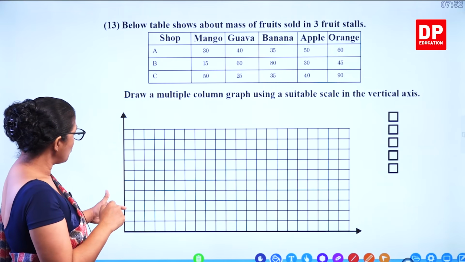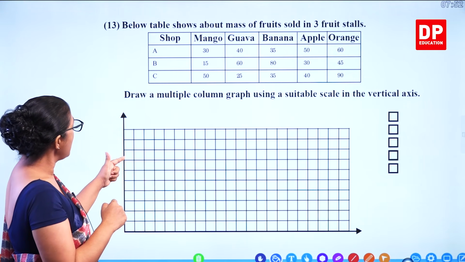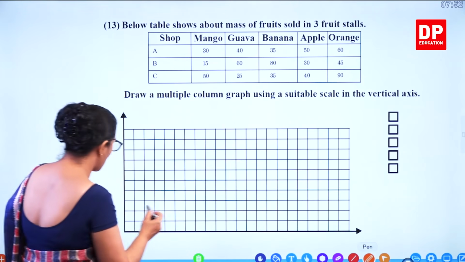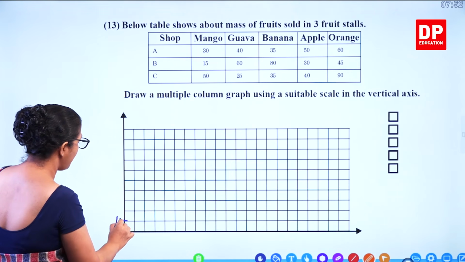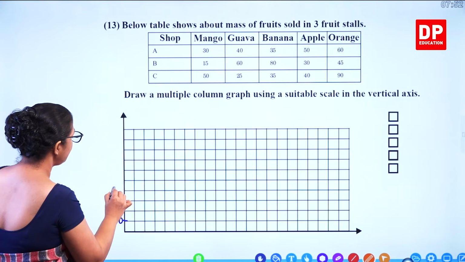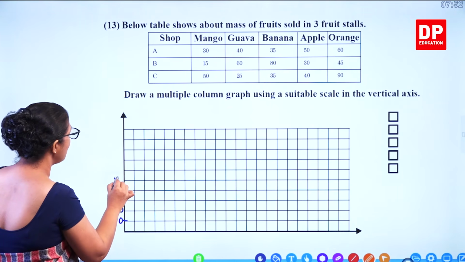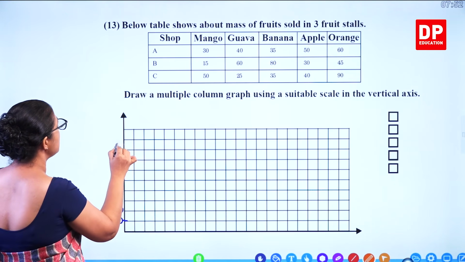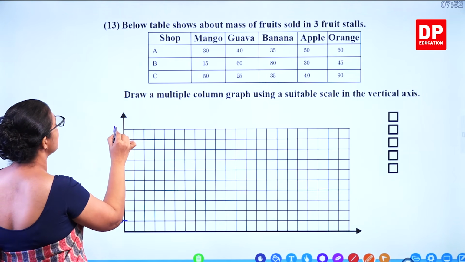10 squares, 1, 2, 3, 4, 5, 6, 7, 8, 9, 10. So we can take 10 for each square. So 10, 20, 30, 40, 50, 60, 70, 80, 90, 100.